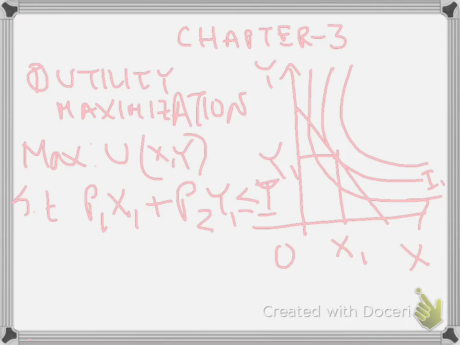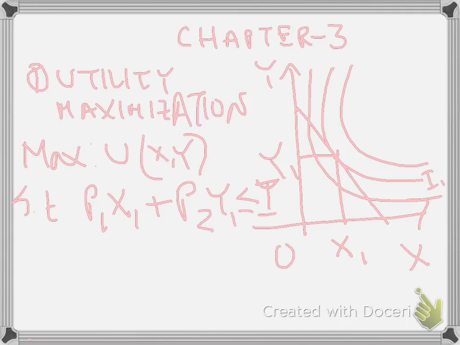So this is what we call a budget constraint, and the total problem of maximizing utility subject to this budget constraint is called a constraint optimization problem. In this case, the constraint optimization problem is trying to maximize utility subject to the budget constraint that the consumer faces. Before we move on, let us try to spend a little bit of time trying to understand what this budget constraint is telling us.